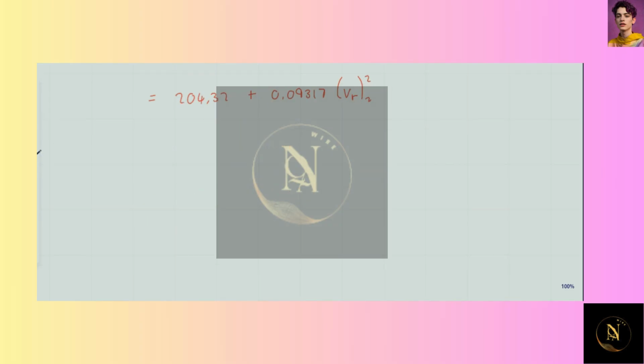So the principle of conservation of energy tells us that the sum of kinetic and potential energy is conserved in both positions. So what that means is T1 plus V1. Remember, we calculated potential energies right at the beginning. T1 plus V1 is equal to T2 plus V2. So the mechanical energies are conserved.